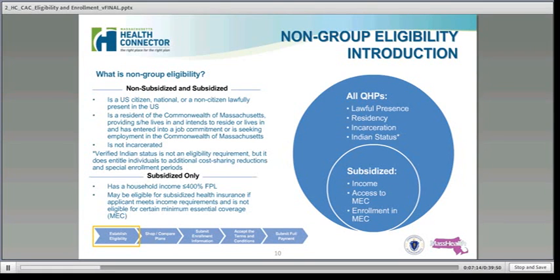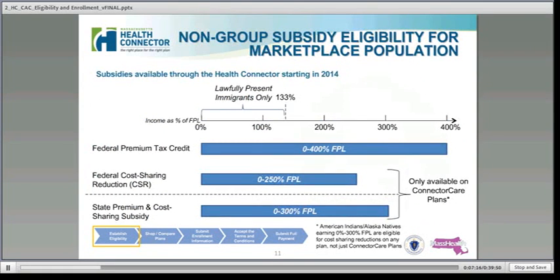If you look at the chart on slide 11, I think this chart does a really good job of showing you some of the information that we've been presenting over time. What we're looking at here, from the Health Connector perspective only, is the income levels from 0 to 400% of FPL.